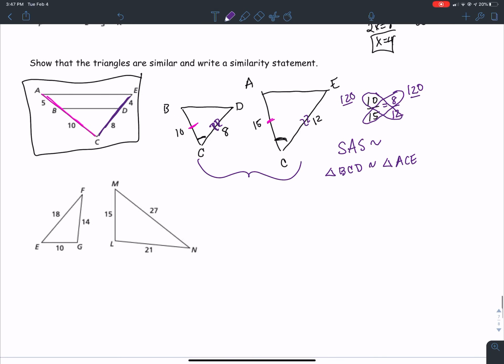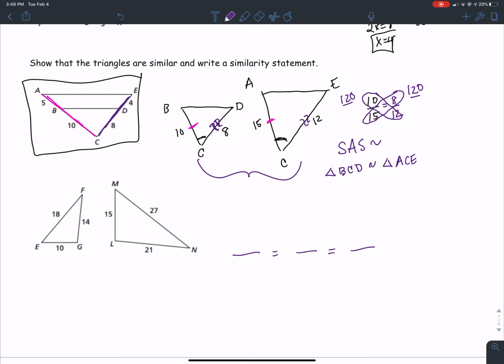Okay, so I do kind of the same thing with side-side-side, but in order to prove they're similar, putting them in order is a little bit harder. So I have to do a triple congruency statement, and I'm going to put them in order from least to greatest.